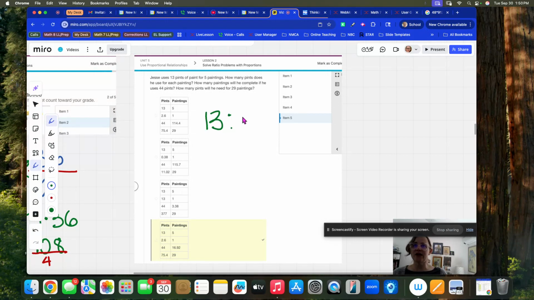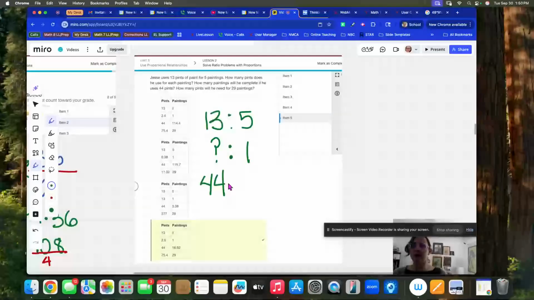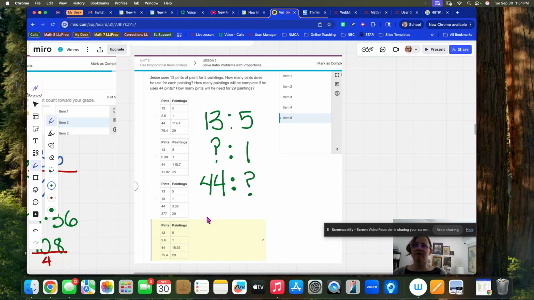So that's one rate or ratio. How many pints does he use for each painting? So how many for one painting? How many paintings will he complete if he uses 44 pints? So we don't know what that is. And then how many pints will he need for 29 paintings?